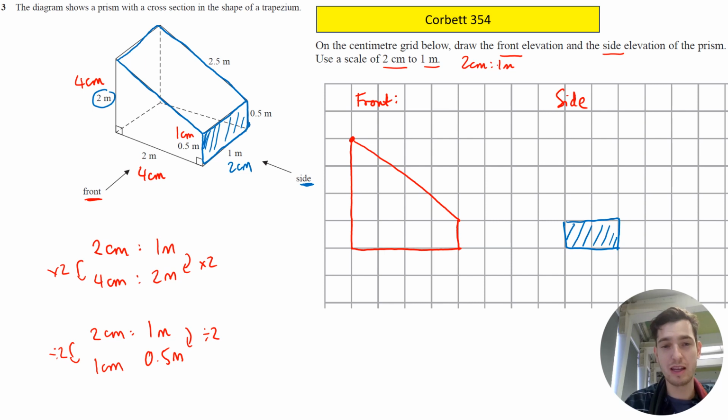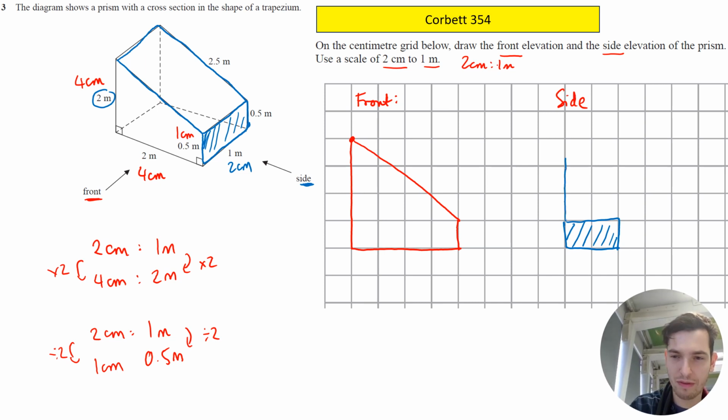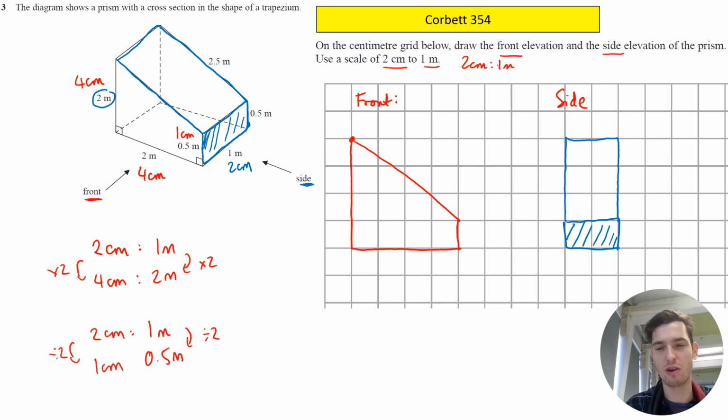But I'm also going to see the shape above it if I'm looking at it from the side view. And I'm actually going to see in total 4 centimeters. So I need to go up 1, 2, 3 more. And that's what I'm going to see. Some of you might have forgotten to think about this extra thing that we can see on the side view. Let's move on.